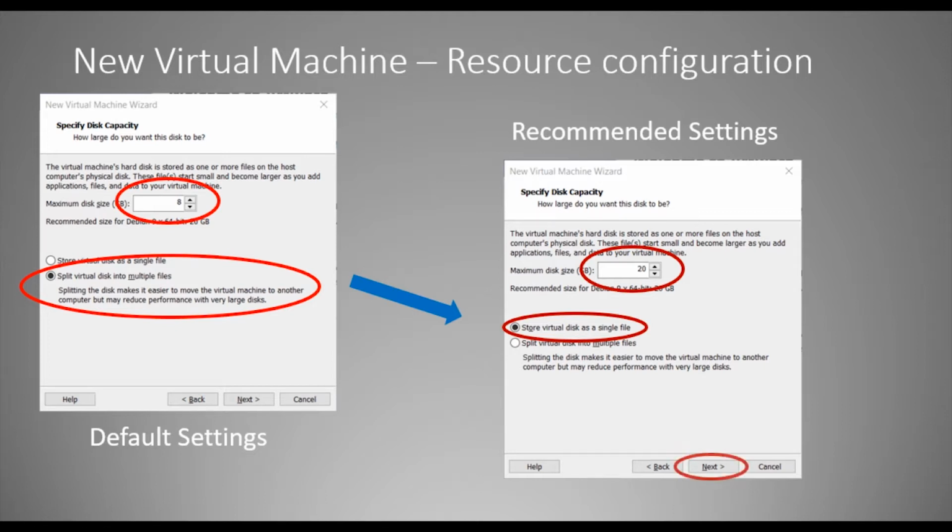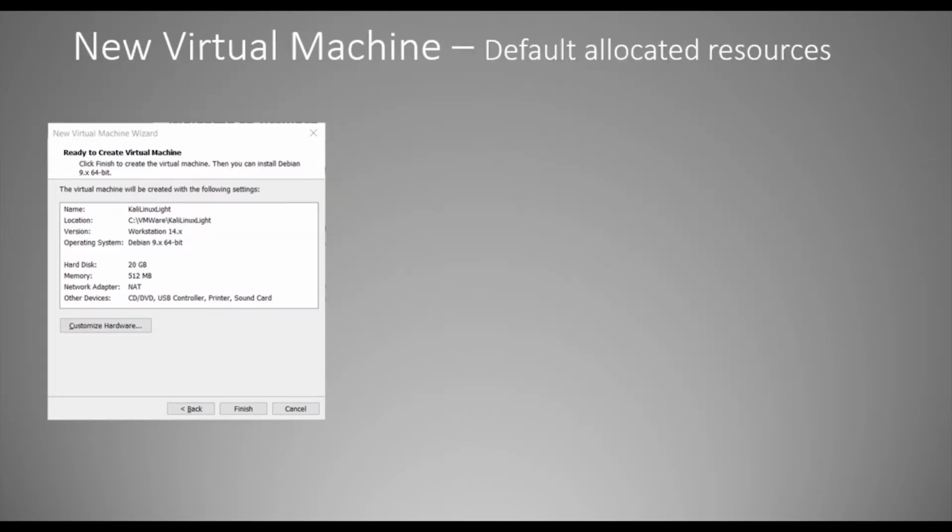Once that's done, you click the Next button, and then it says it's ready to create the virtual machine. Do not click directly on the Finish button, because we're going to make some small changes, mainly in memory and then CPU. By default the memory is 512 megabytes and one processor.